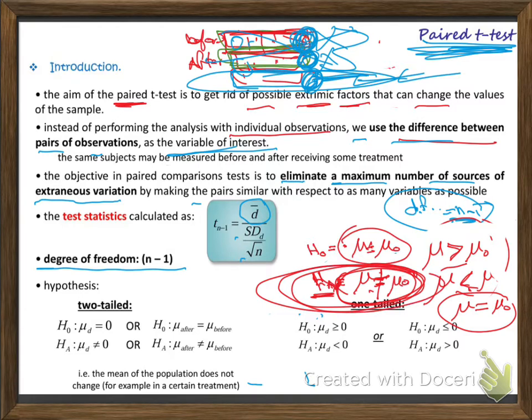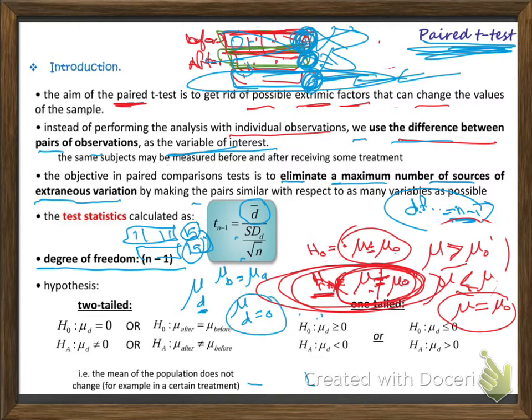So here we'll stop dealing with mu, and we'll deal with mu d, the mu of the delta. I have two sets of data. If the mean before is, for example, 15, and after the mean is also 15, there is no difference between them. So we call that mu before equals mu after, or mu delta equals 0.